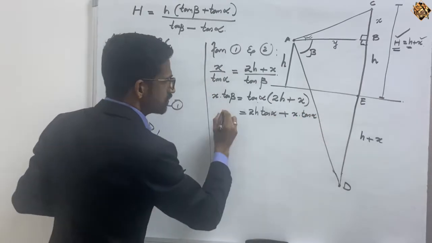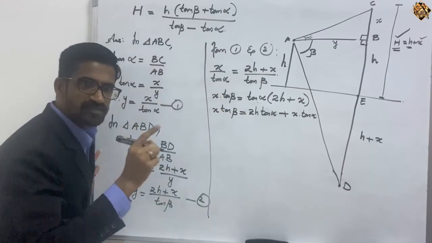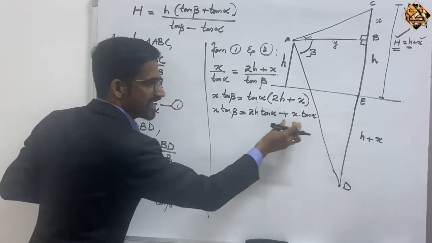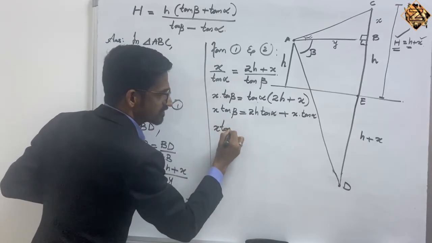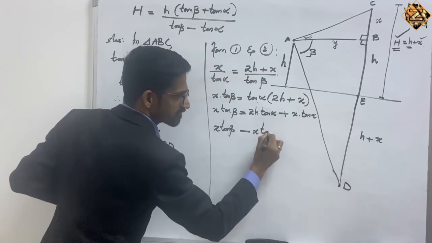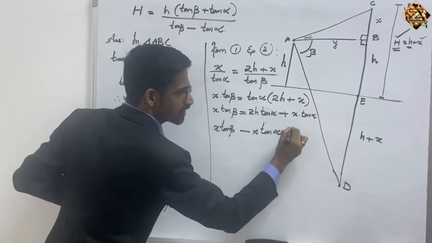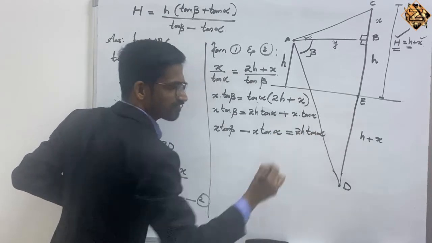So x tan beta equals 2h tan alpha plus x tan alpha. Our aim is to find x, so we take the x terms to one side: x tan beta minus x tan alpha equals 2h tan alpha.